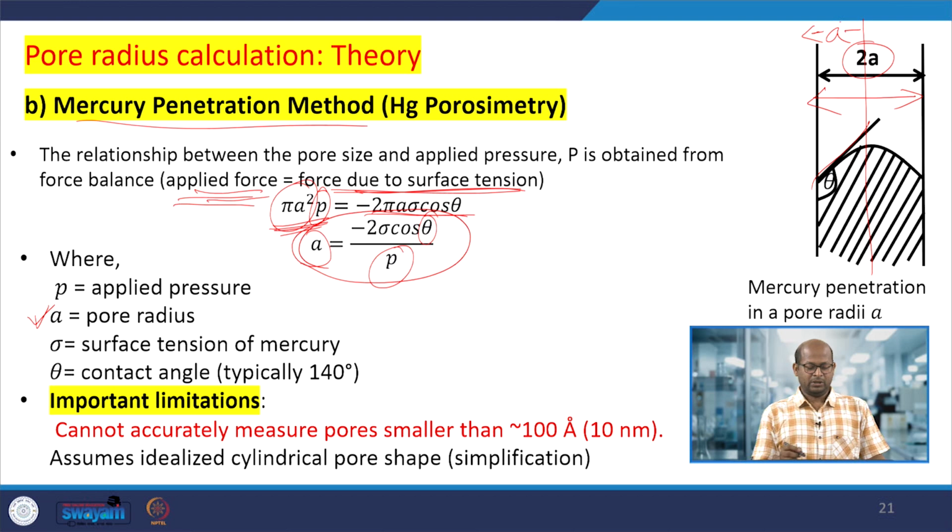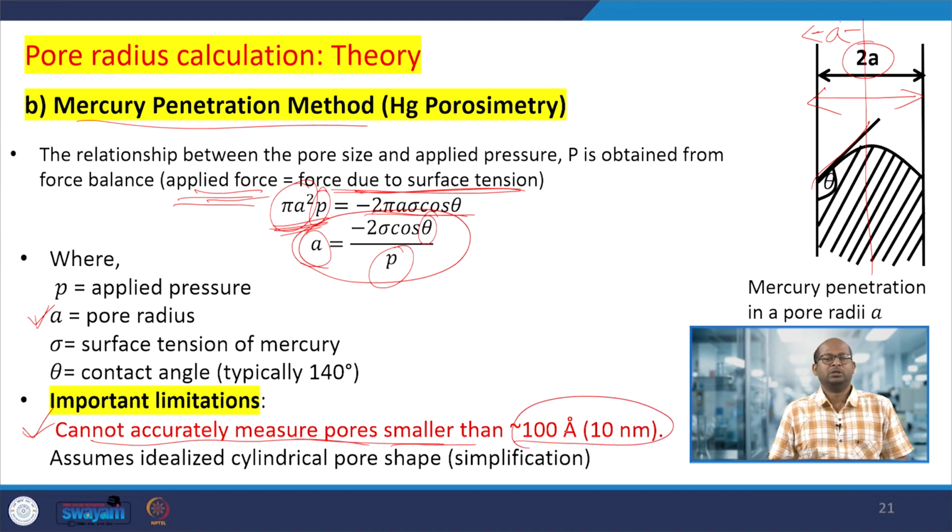In the mercury penetration method, there are some limitations. We cannot accurately measure pores smaller than 10 nanometers. If a material has different types of pores, micropores, mesopores, macropores, and they are less than 10 nanometers, then we are not able to find the pore structure, pore diameter or pore radius.